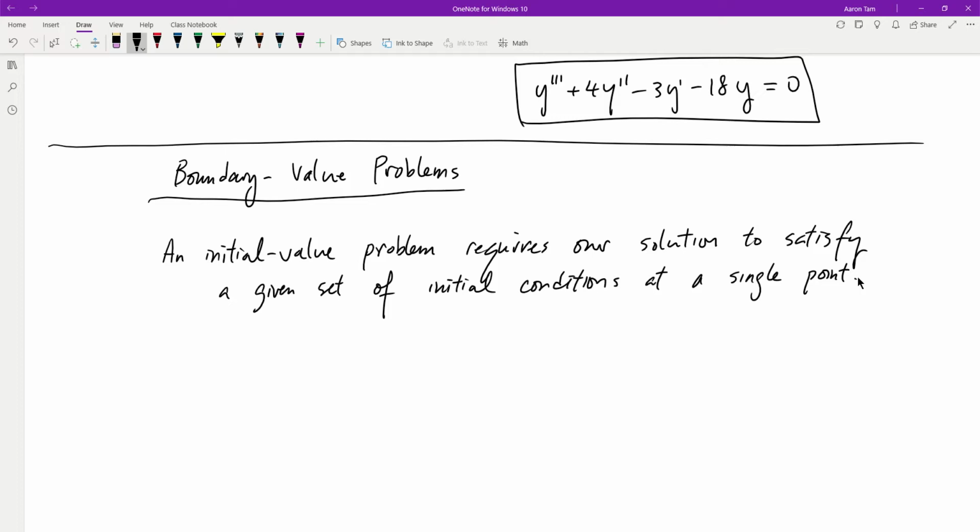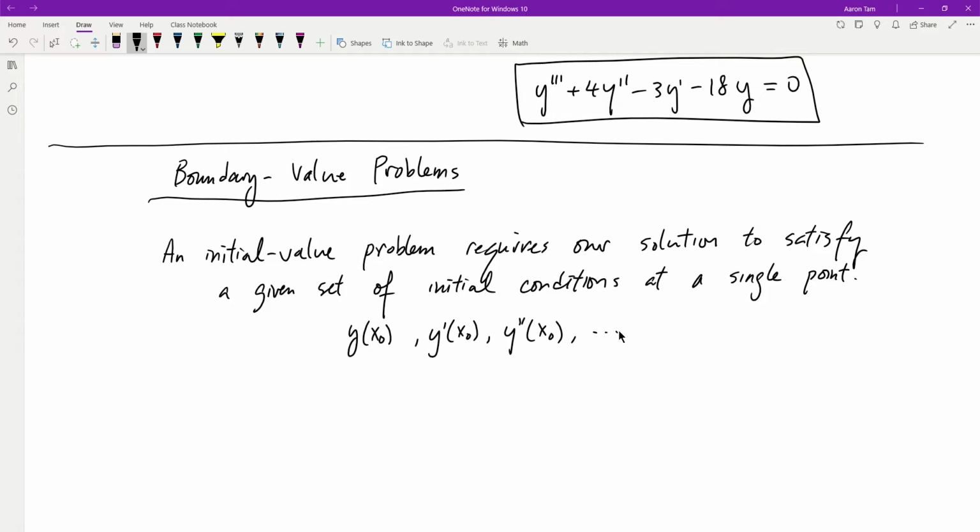So initial conditions would usually look something like y of x sub 0, y prime at x sub 0, y double prime at x sub 0, and so on and so forth. The key is that they all have the same exact x value because they all define the same exact point, and what happens to the function as well as its derivatives.